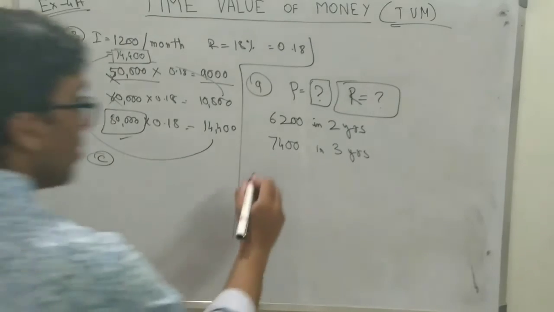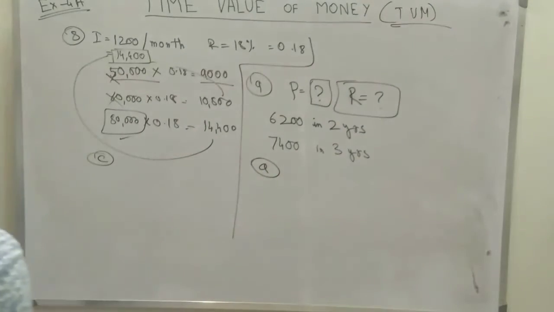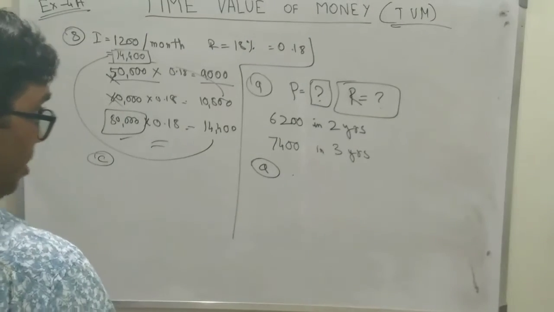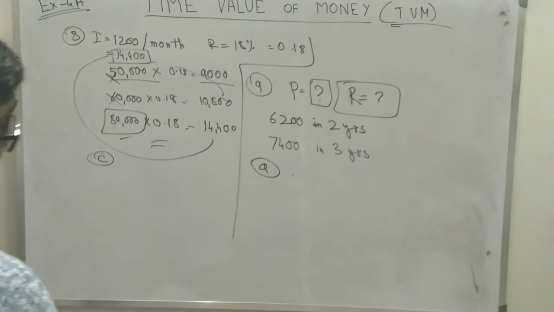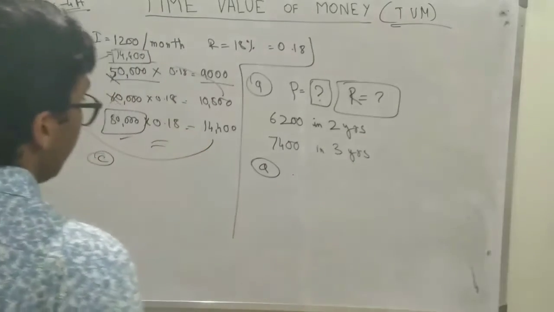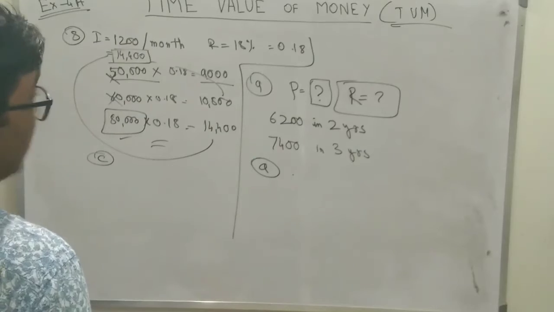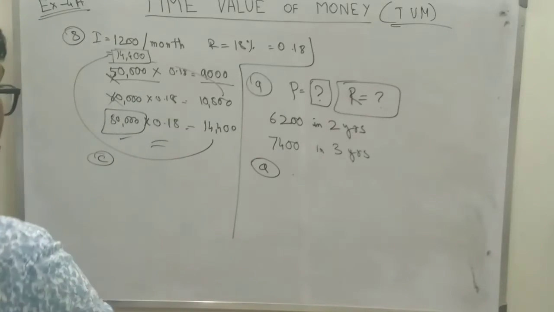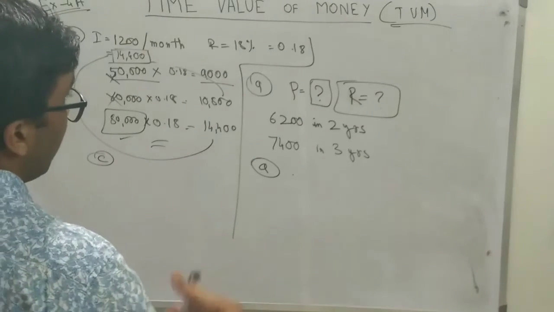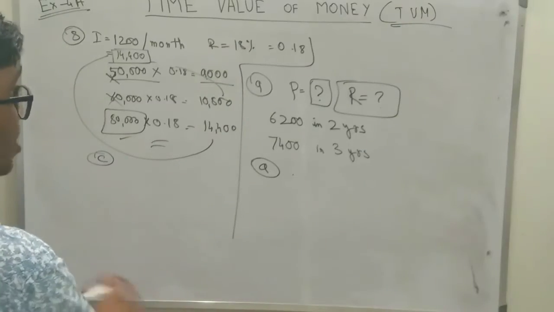So like we did in the previous sum, we'll apply the same method over here also. We'll check every option. Maybe some students may think that it is time consuming, but it's easy actually, because there's no fear of calculating wrong, because there's no particular formula.